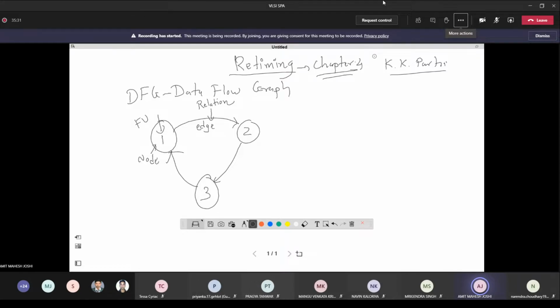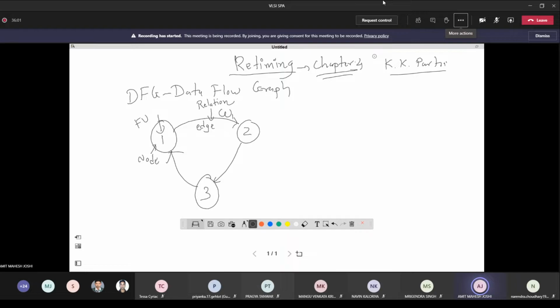Now, when I say the data is moving from node 1 to node 2, for the edge there is another representation that we use, which is a weight. Always the edges are represented by a weight. The weight defines a delay, and you need to understand that delay in terms of the clock.